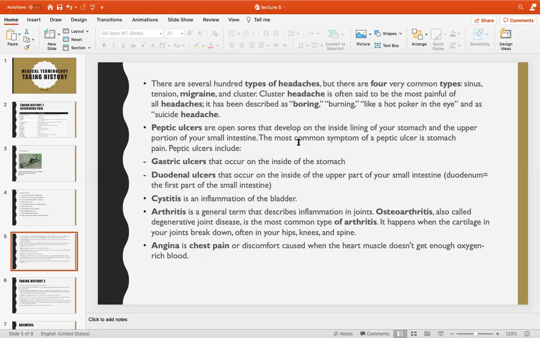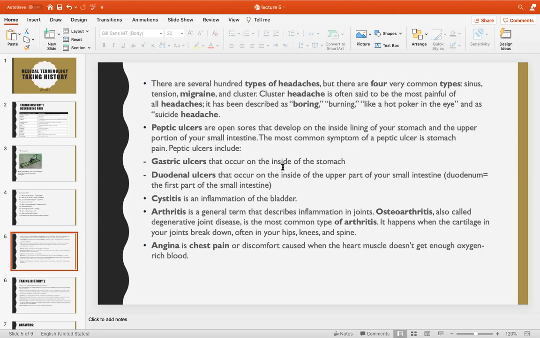The most common symptom of peptic ulcers is stomach pain. Peptic ulcers include two types. The first type is gastric ulcers, which is in Arabic قرحة المعدة, that occur on the inside of the stomach.